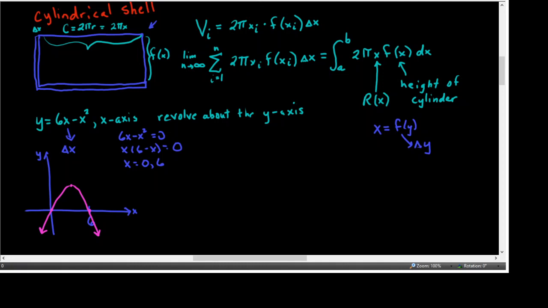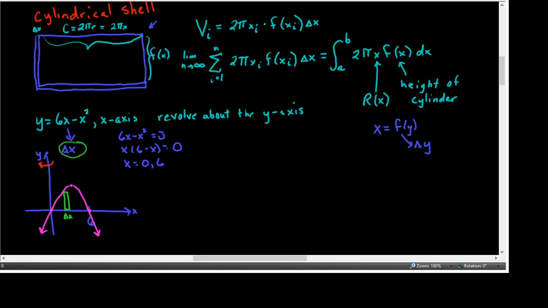Okay, then we made a decision a few minutes ago that we would use delta x. So I'm going to draw a representative rectangle that's delta x in width. Then I'm going to look at the axis of revolution that I'm given. This is about the y-axis. And I'm going to notice that the y-axis, that vertical line, is parallel to my rectangle.